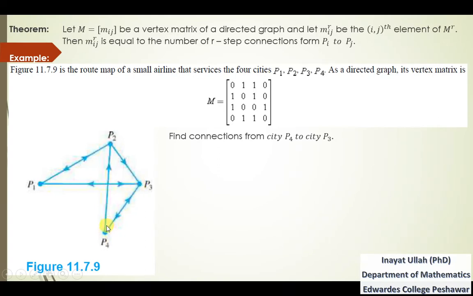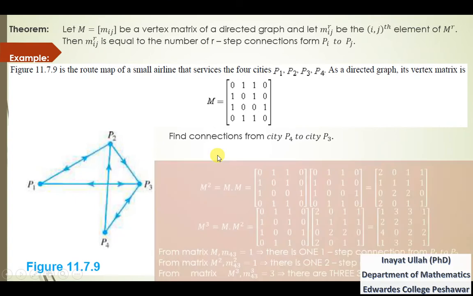Then, second route: we can move from city 4 to city 3, then from city 3 to city 4, and then from city 4 to city 3. Similarly, we can move from city 4 to city 2, then from city 2 to city 3, and again from 3 to 4. So how could we move from city 4 to city 3 actually?